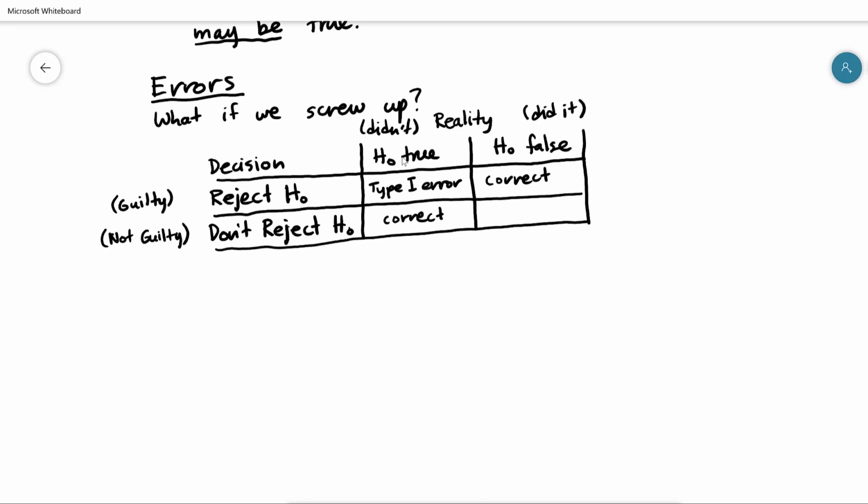So again, a type 1 error is the person was actually innocent and we convicted them. The second type of mistake is they actually did it, but we let them off. So we let free an actually guilty person. That is what we call a type 2 error.